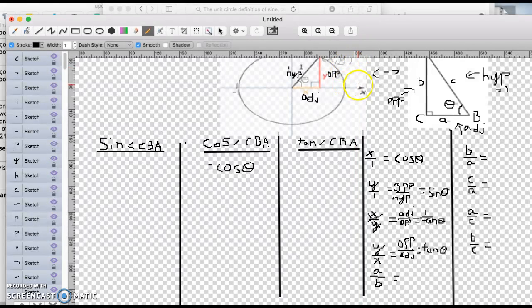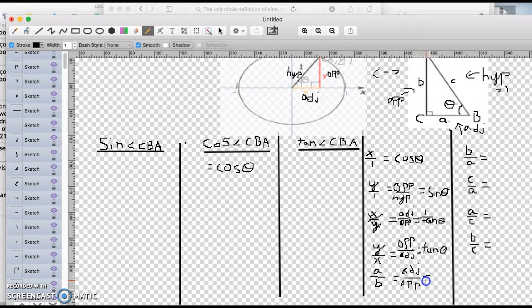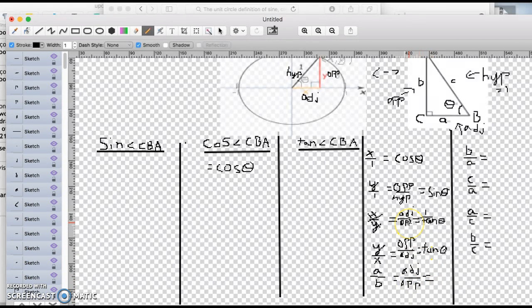Okay, A over B. Adjacent, right? Over opposite. Adjacent over opposite. That is unfortunately not a tangent.